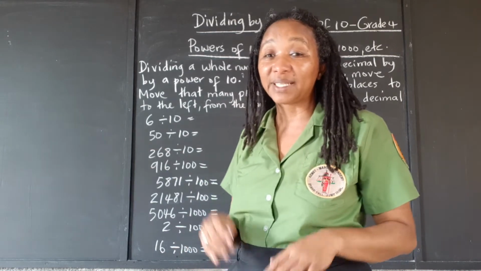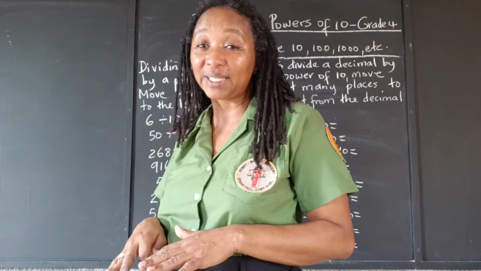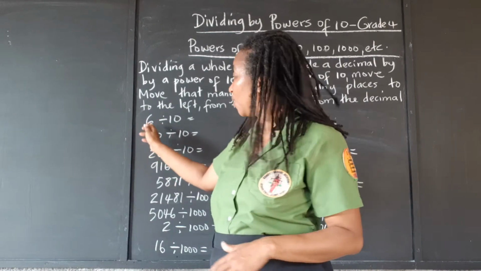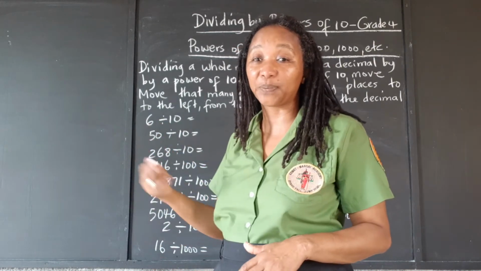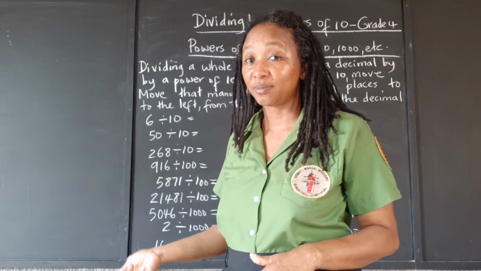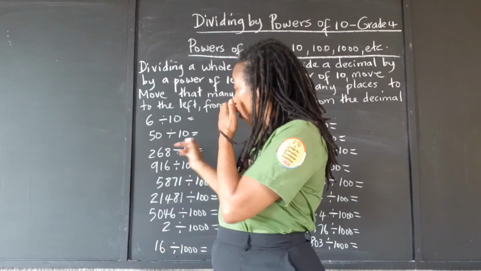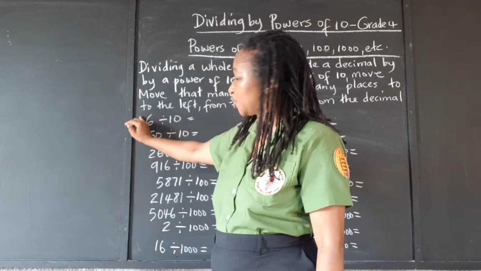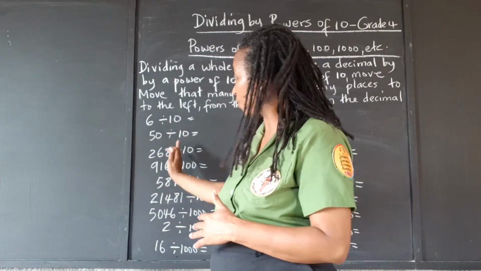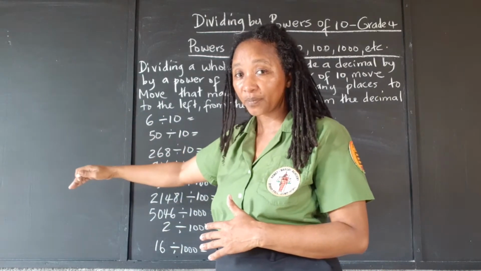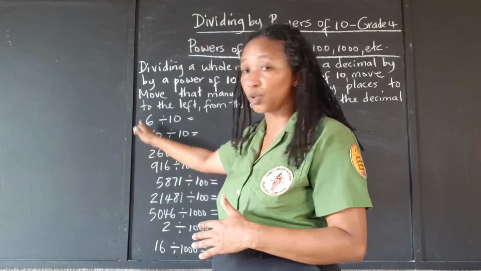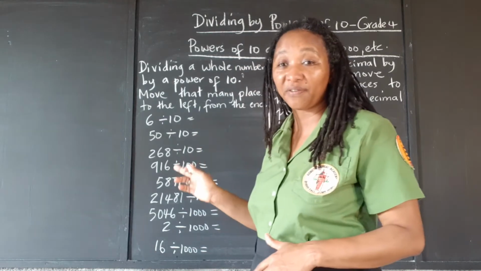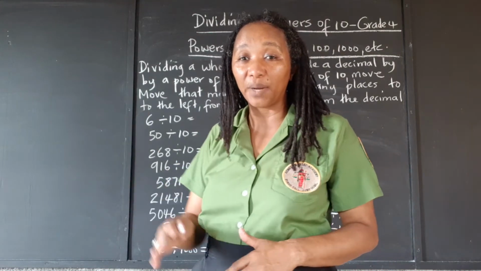Now remember, there's an imaginary decimal point at the end of every whole number, because this whole number could actually be written as 6.0, right? So we're moving from that imaginary decimal point to the left. We're dividing, so we're going to the left. If we were multiplying, we would go to the right. And since it's 10 we're dividing by, we're only moving one place.